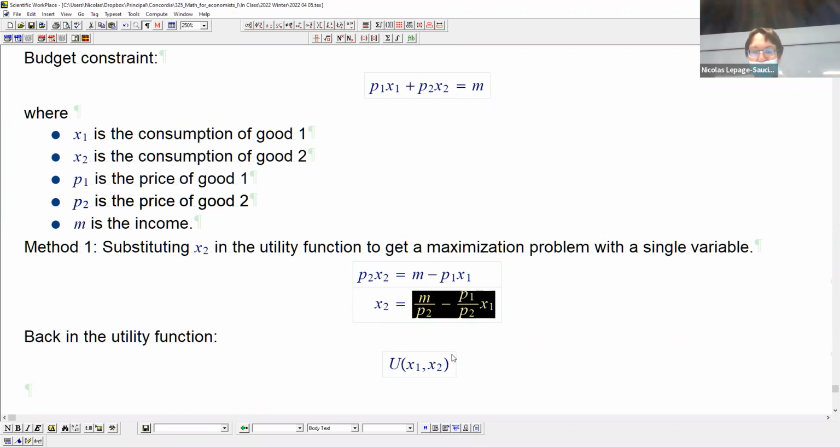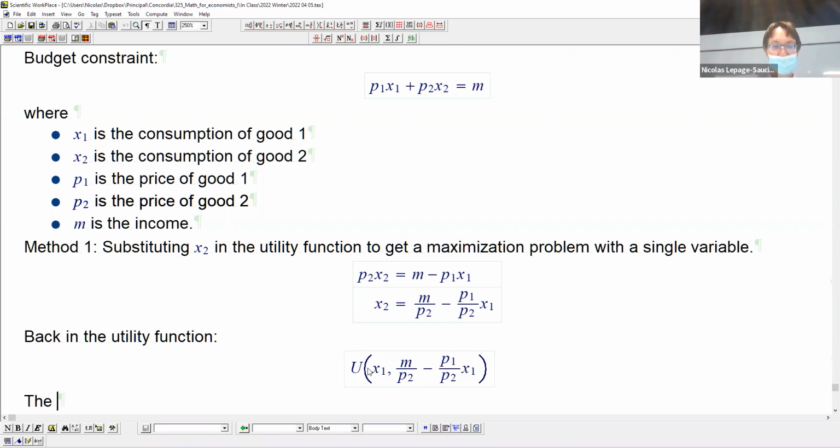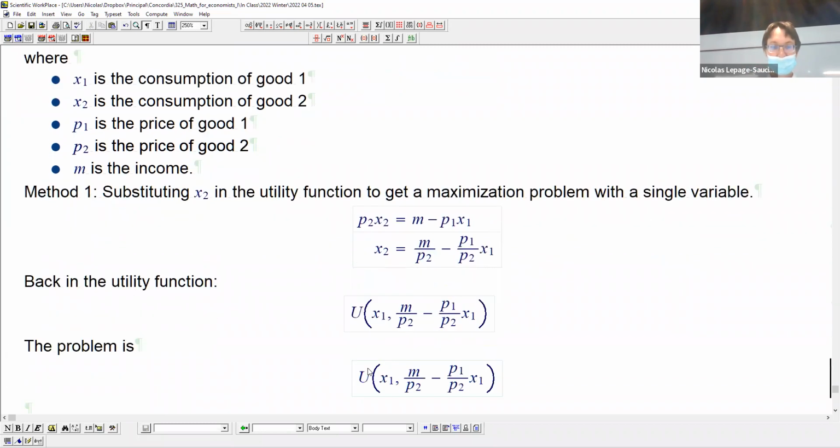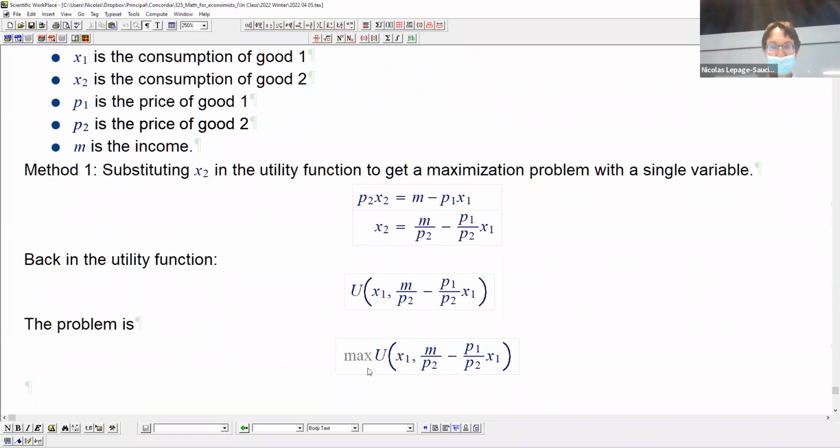So the problem is now to choose x1. I have x1 that appears here and here, so I'm going to use partial derivatives.